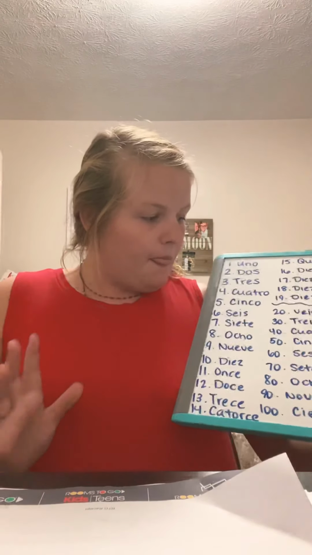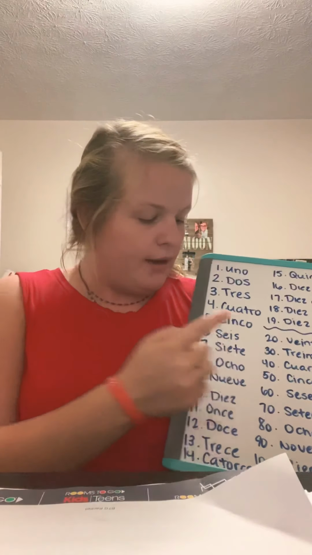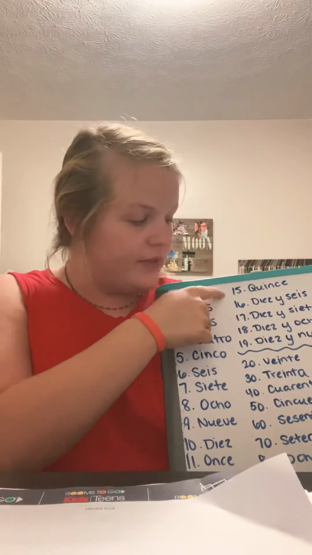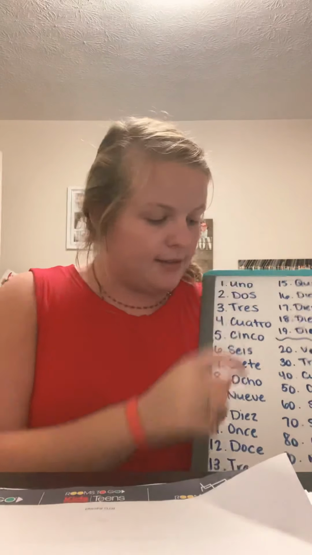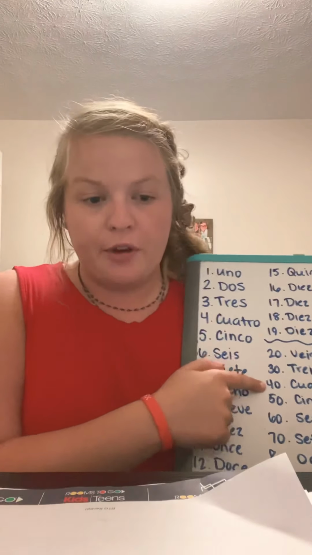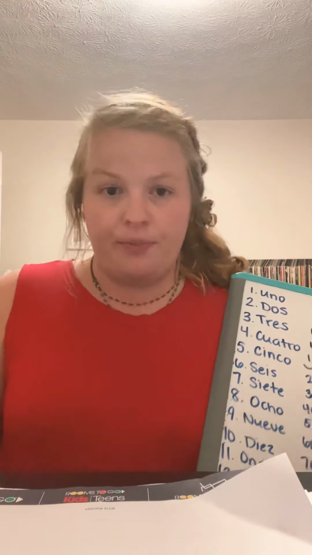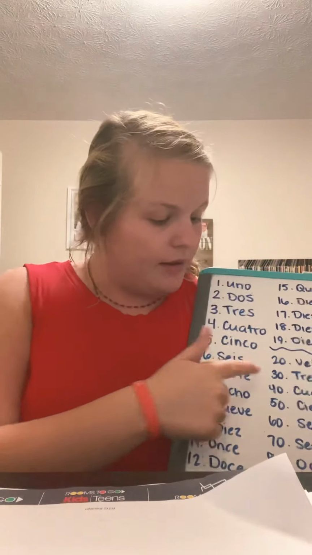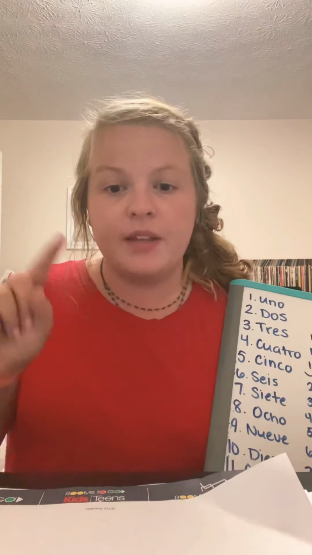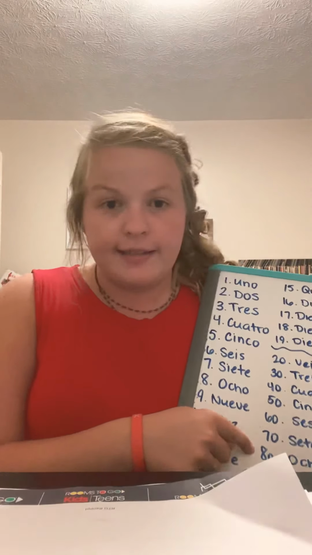So, like I said before, to say all the numbers after 15, you're going to say their base. So say we're saying 40. So their base is cuarenta. And say we're trying to say 43. The word will be cuarenta y tres. Or say we're saying 86.